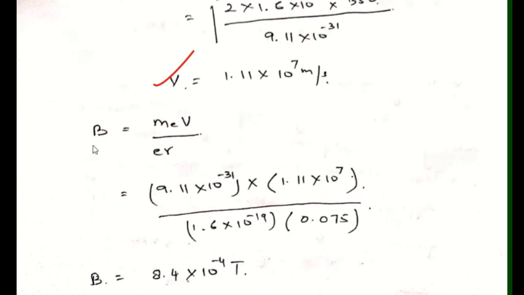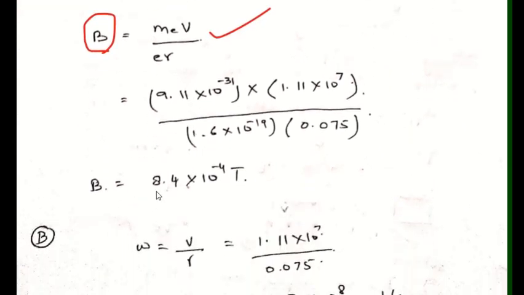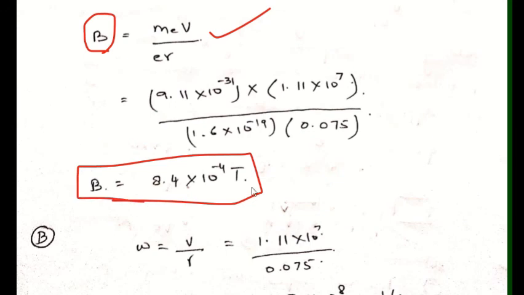We have to find this magnetic field, and it can be calculated using this formula, mass times velocity divided by charge and radius. Putting in the values, I can easily calculate this magnetic field, which is 8.4 times 10 to the power minus 4 Tesla.